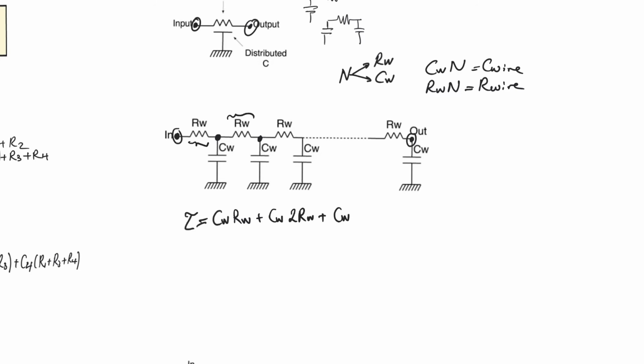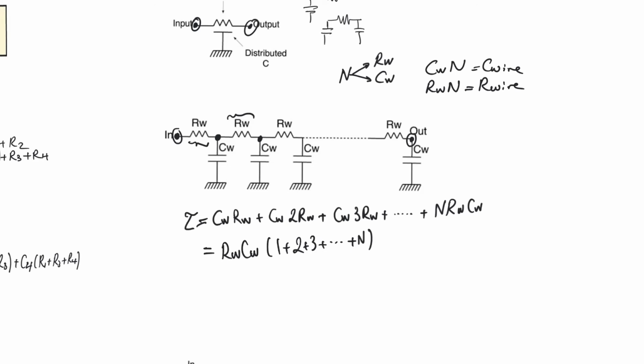Then plus Cw into 3Rw, and obviously we have a pattern here. So this is going to keep going until we reach nRw times Cw. Now, obviously we can take Rw times Cw as a common term, and we end up with 1 plus 2 plus 3 all the way up to plus n inside the bracket.